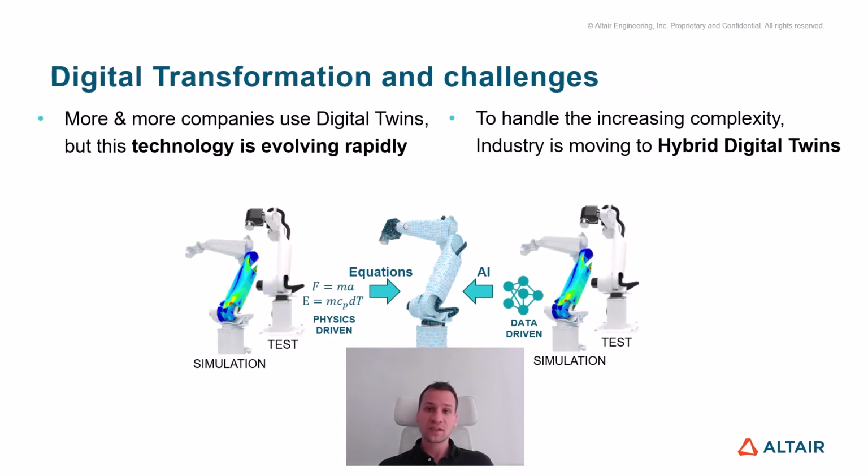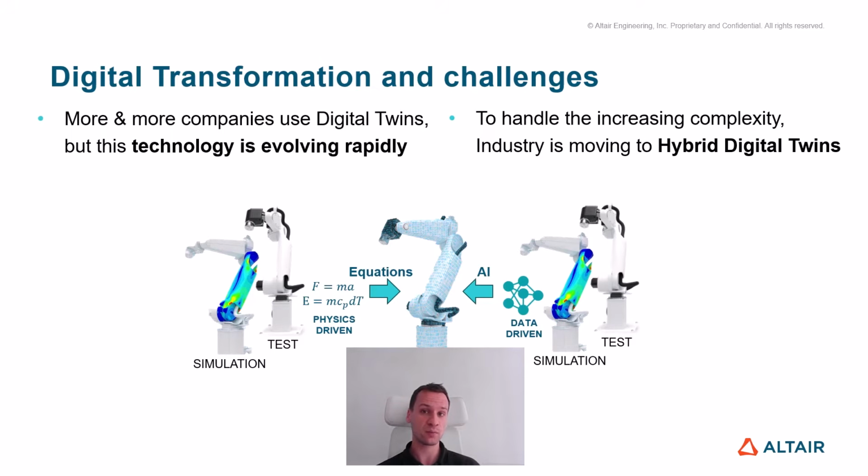We see that in the industry more and more people are talking about digital twins, and of course a digital twin is a digital representation of your physical asset, your physical product, and a big challenge is to create efficient and accurate digital twins.